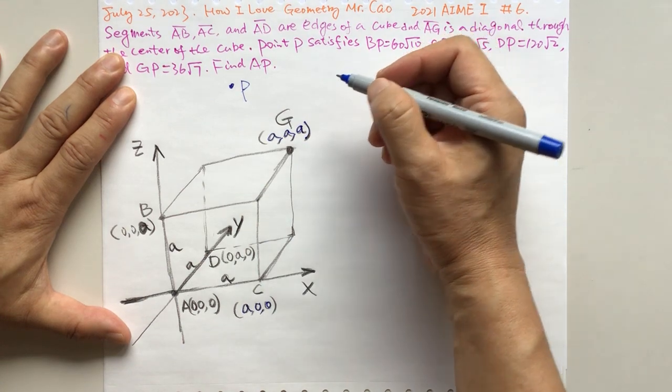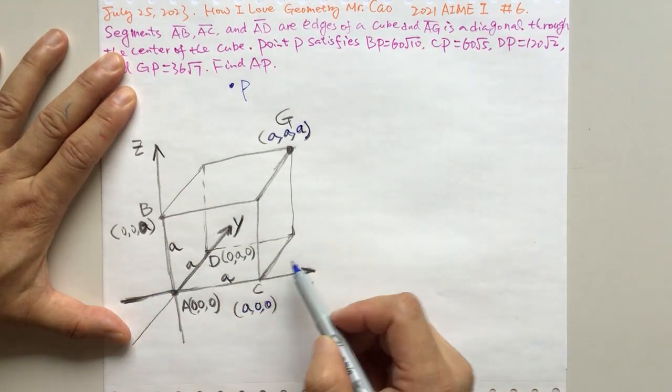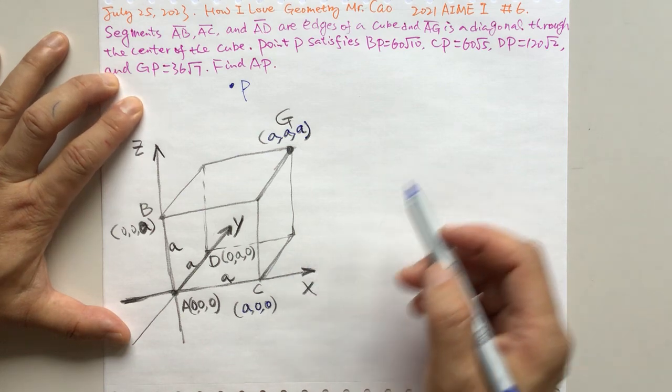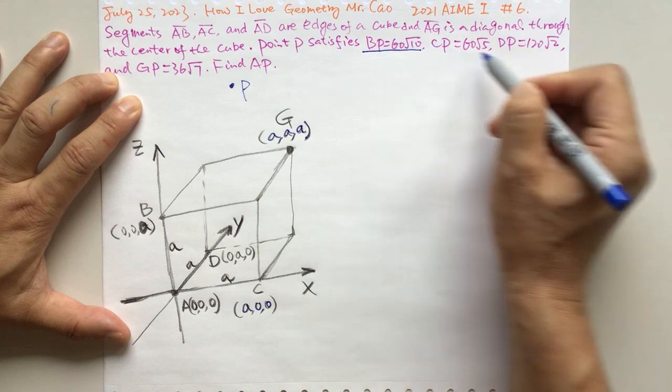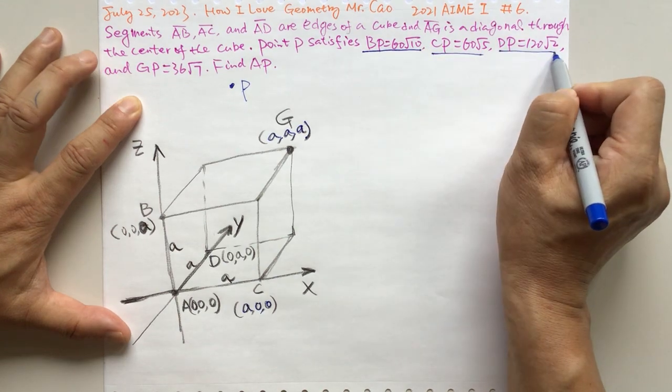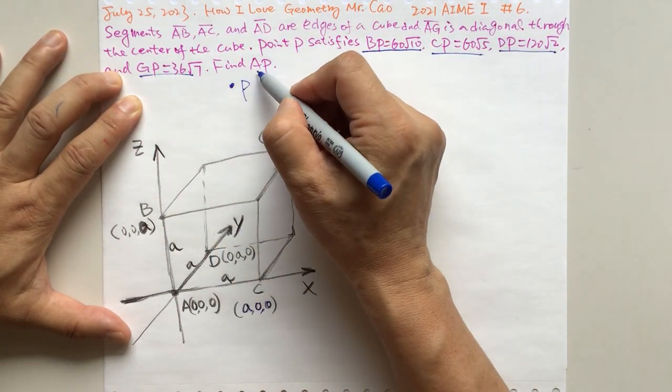Because we built this coordinate system, it will be easy to calculate the lengths of BP, CP, DP, and GP. Finally, I will find AP.